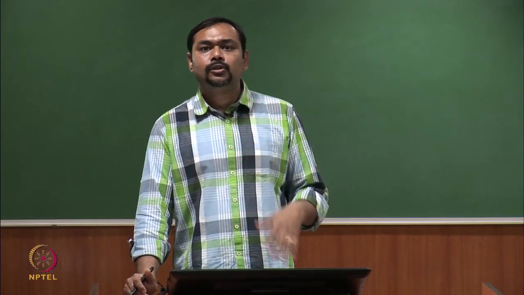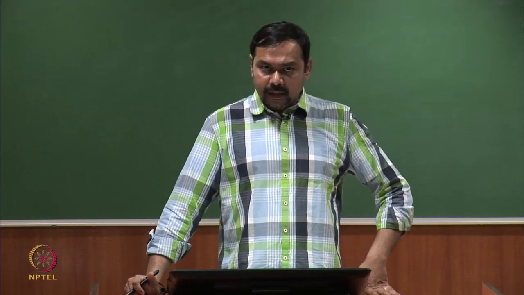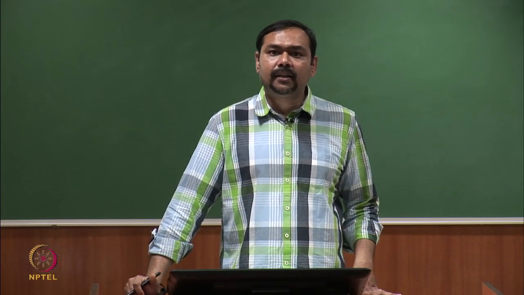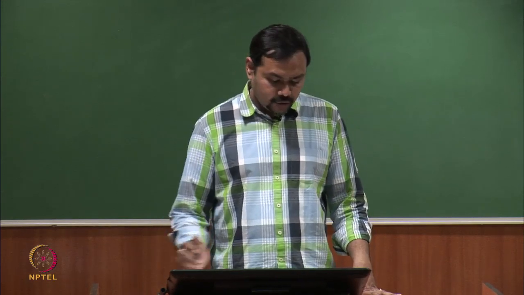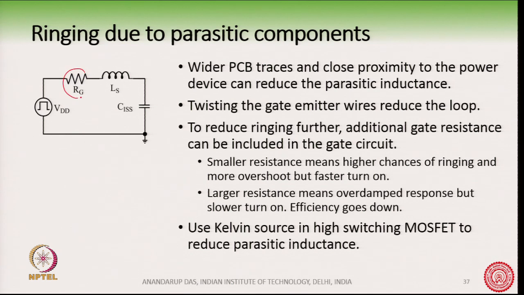Now, since this is an underdamped system, another way to mitigate this effect is to put additional gate resistance. So, if you increase this value here, you can do that by increasing the gate resistance. If you increase this value, this system will go from an underdamped to a critically or overdamped system.